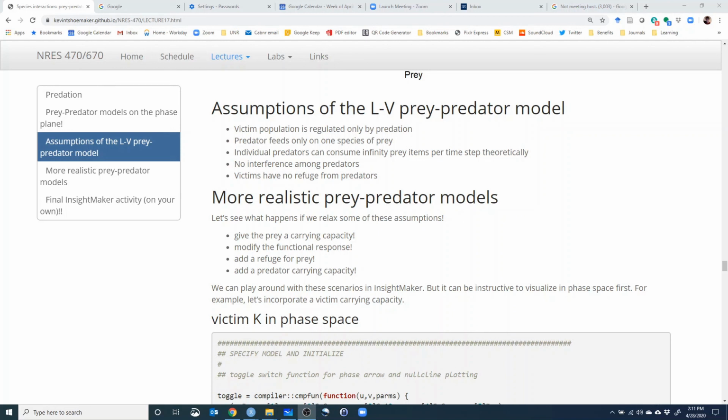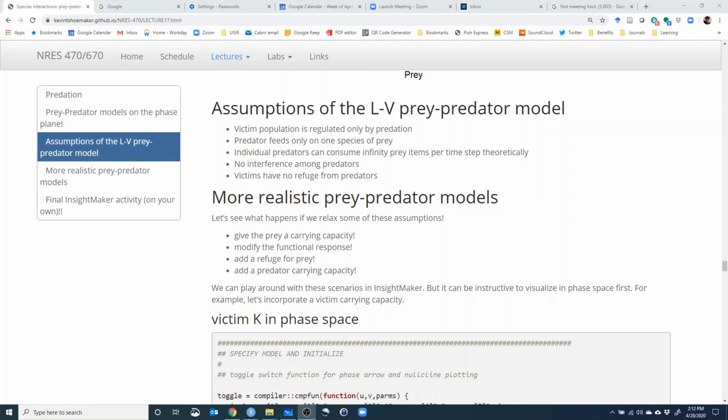But like I've said several times, the Lotka-Volterra model provides a good baseline from which we can expand. So by expanding the Lotka-Volterra model, by changing it, we can relax some of these assumptions and thereby make the model more realistic. We can give the prey a carrying capacity if we want. We can modify the functional response if we want. And we'll talk about that in a second.